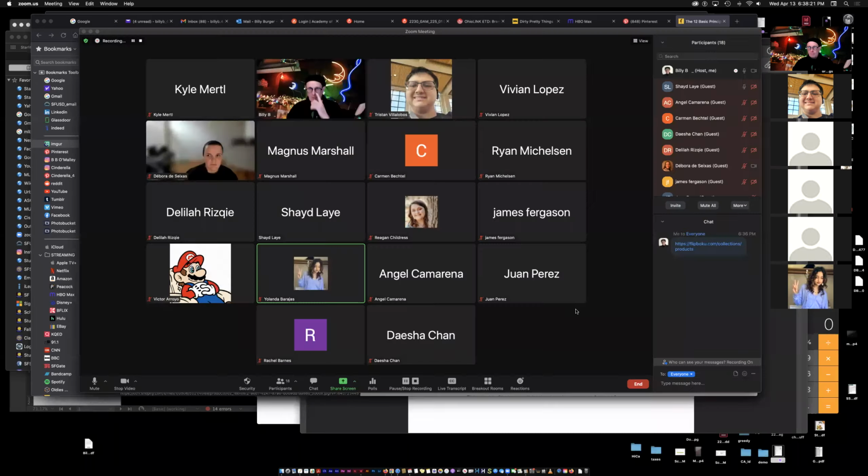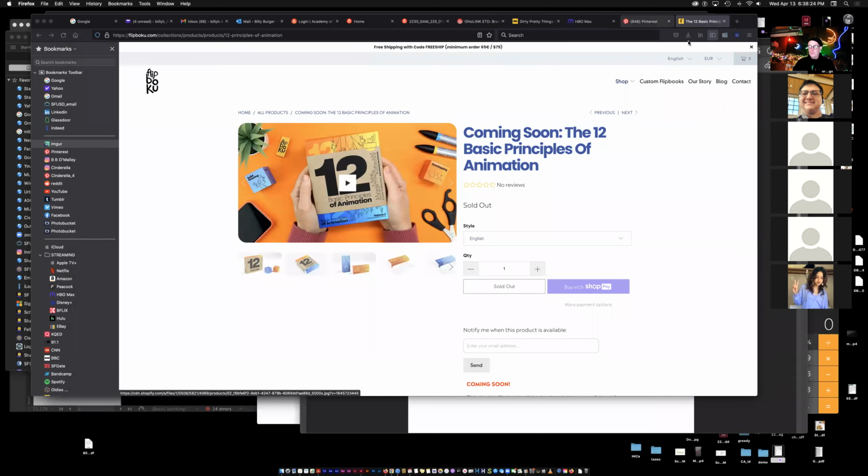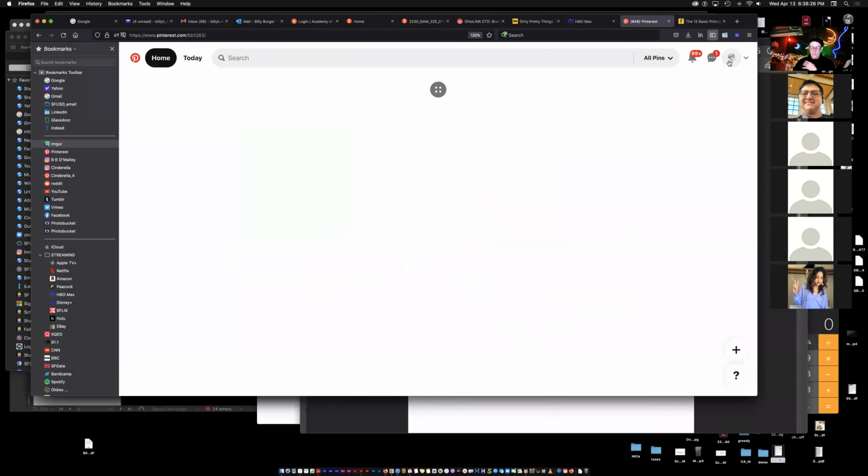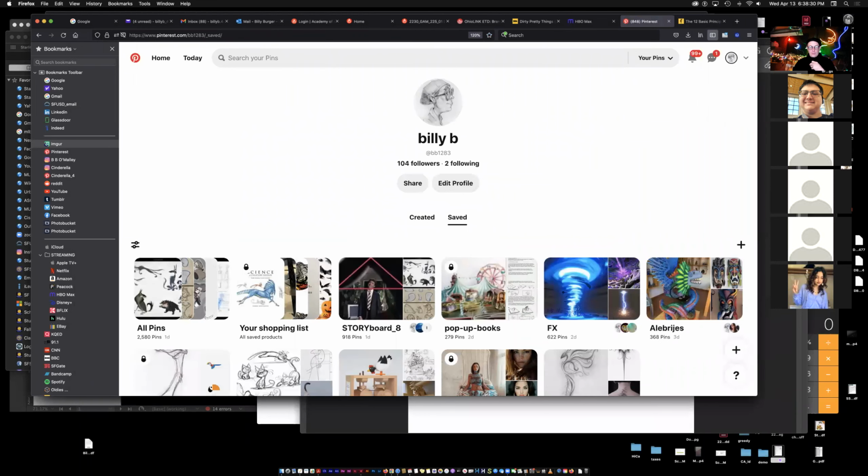All right, and then the next thing that I wanted to share with you was that I did add a couple of things to the storyboard board. And I kind of went crazy because there's a pop-up book author. His name is Duncan Birmingham, and I think he's from the UK, who wrote a book on how to make pop-up books.